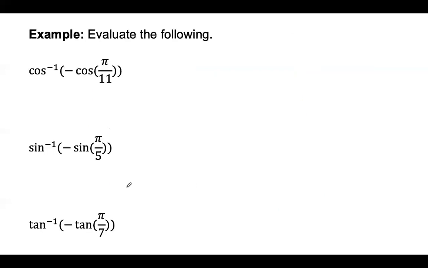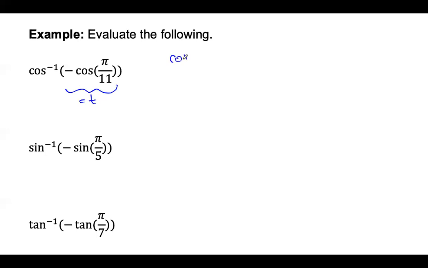So let's evaluate the following and apply those formulas. It's the same idea that we previously did in the other question. But this time we're going to say this inner part is equal to t.